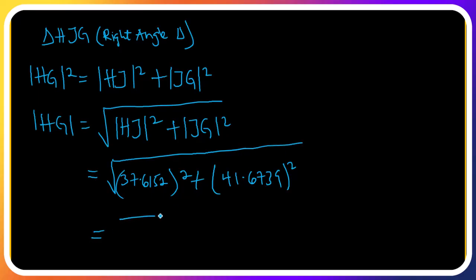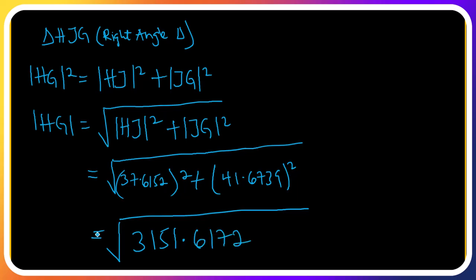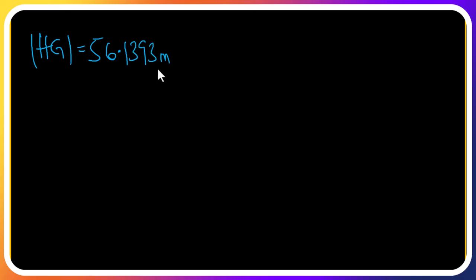Now computing this on the calculator, we are getting 3151.6172. The simplified form of the length HG is equal to 56.1393 meters.